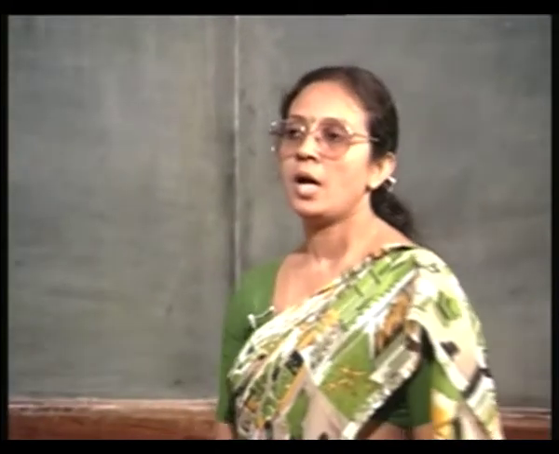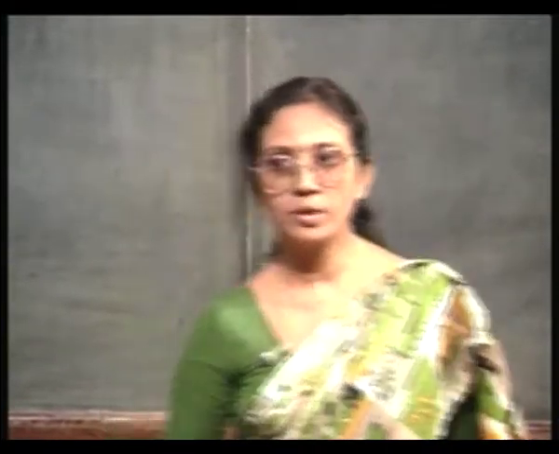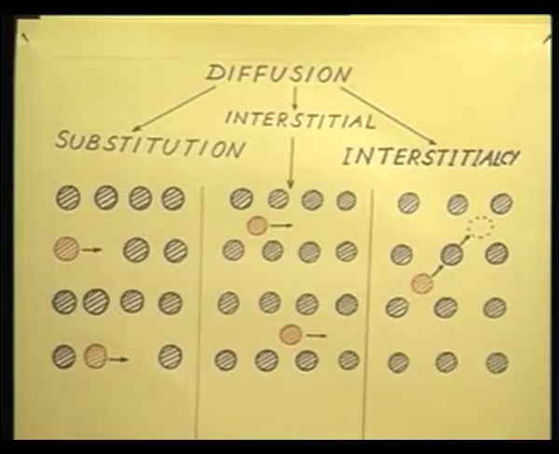And in order to do that, we should carry out the mathematical analysis, right. Now, the mathematical analysis of diffusion, if we view it only in one dimension, that is just the movement of the diffusing atom in this direction, one dimensional analysis is done by Fick's law.